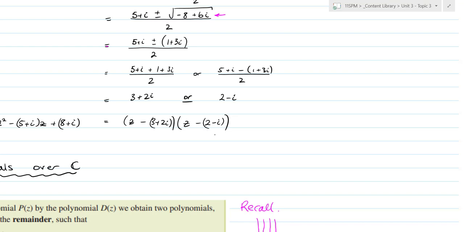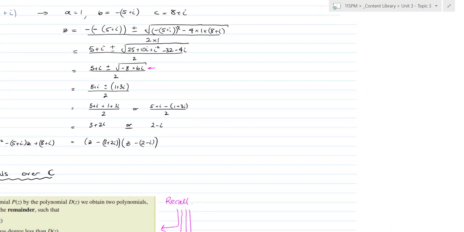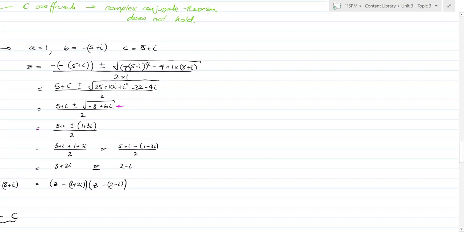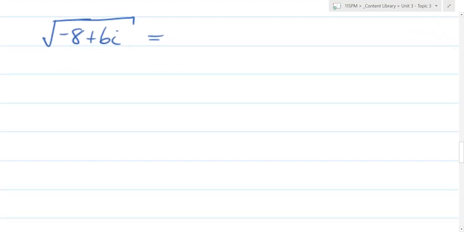But there's the answer. And as an aside, I've been asked to show, over here, I'll do it in blue, why the square root of negative 8 plus 6i is equal to 3 plus 2i or 2 minus i. So I'll go through this process with you now. To do this analytically, you need to start by making the assumption. It's going to end up in simultaneous equations because we have two solutions.